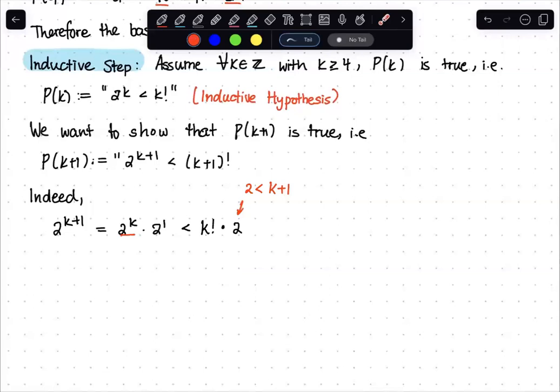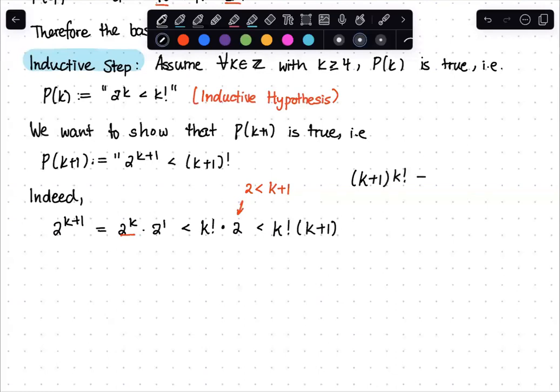So when that is the case, I could also say that this is also smaller than k factorial multiplied by k plus 1. So by definition, we know that we could write k plus 1 times k factorial as just k plus 1 factorial. So then that means I could write this as this.